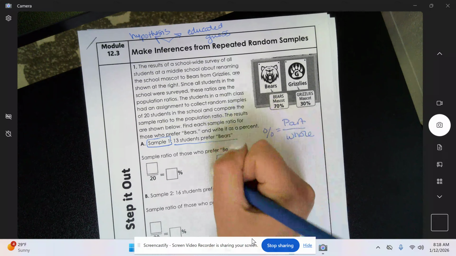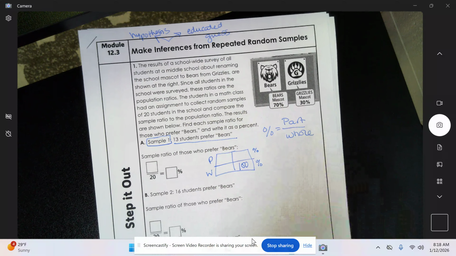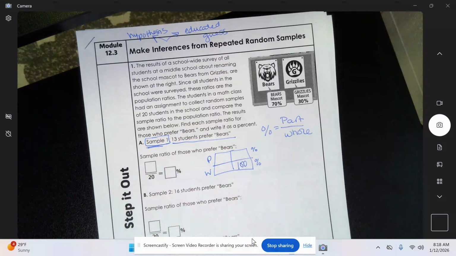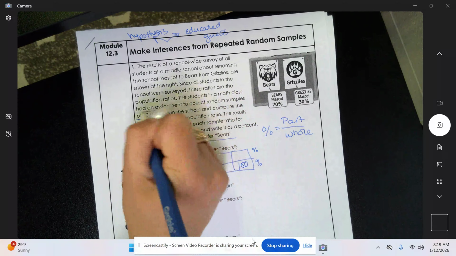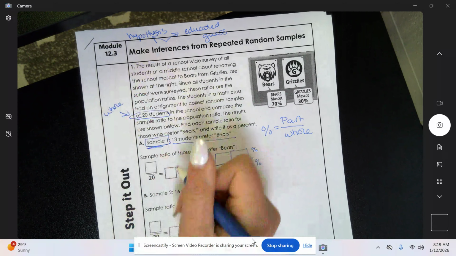It's either is and of or part to whole. We're talking about samples. How many students were in this sample as a whole? Collect random samples of 20, so that's our whole for our sample.